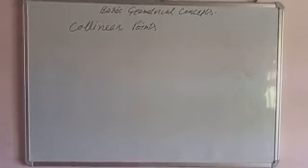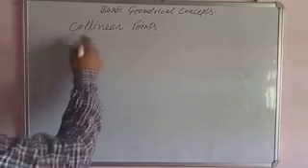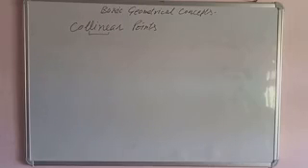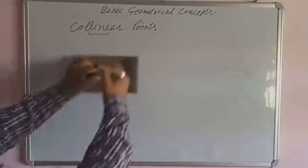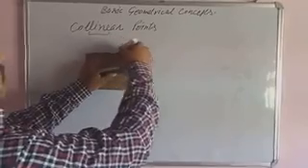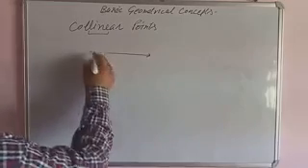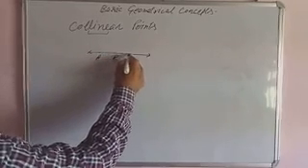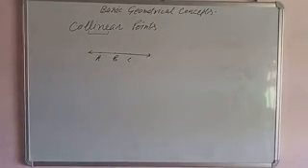So next is collinear points. So what are collinear points? Linear means line. So when 3 or more points lie on the same line, suppose we have a line with points E, C, so they are called collinear points. 3 or more than 3.